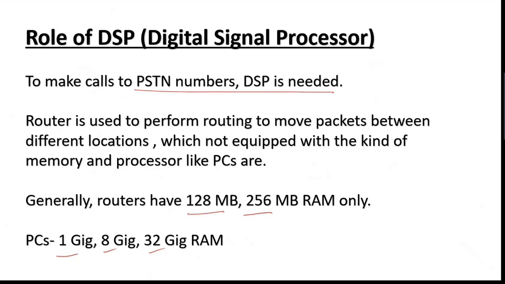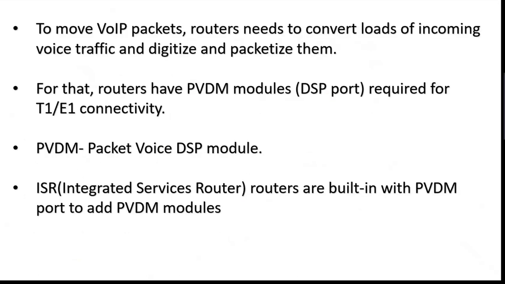To do that, we need DSPs, digital signal processors. To move voice packets, the router needs to convert a load of incoming voice traffic, digitize and packetize it. For that, the routers have PVDM modules, also called DSP ports, also required for T1/E1 connectivity.